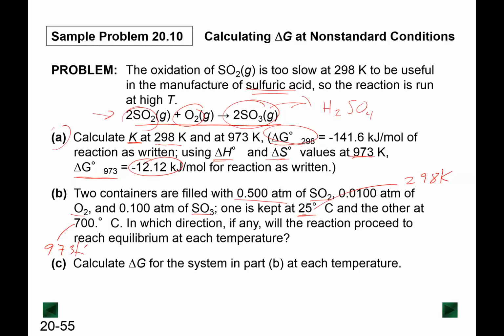And we're asked in which direction will the reaction proceed to reach equilibrium at these two temperatures. So we'll go through that. And then we're asked finally to calculate the actual free energy change for the system in part B at each temperature.